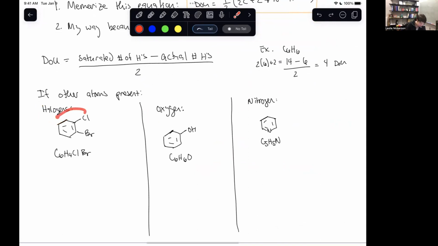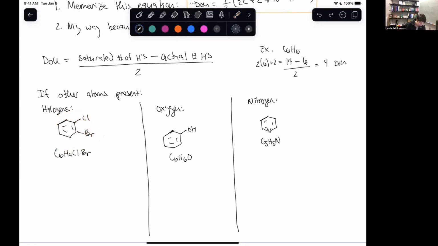So if you can draw one up, and we're looking at this and saying, well, that has still 4 degrees of unsaturation between the 1 ring and the 3 pi bonds. So my degrees of unsaturation has to equal 4, but this would also be exactly the same as if I just had benzene, right? If I just had H and H instead.